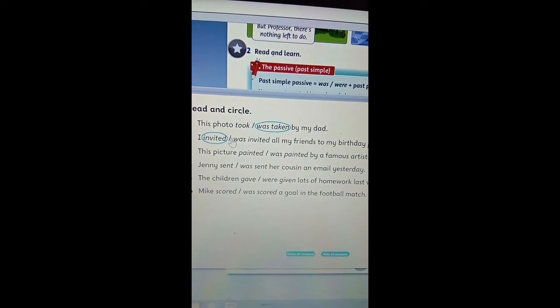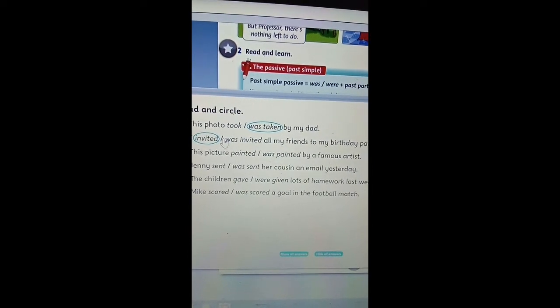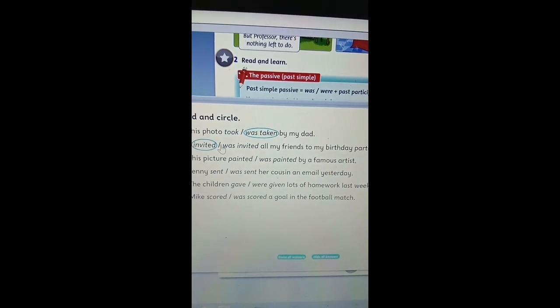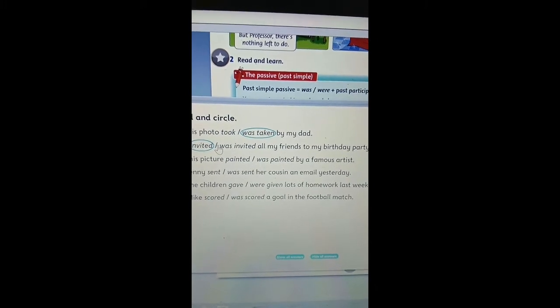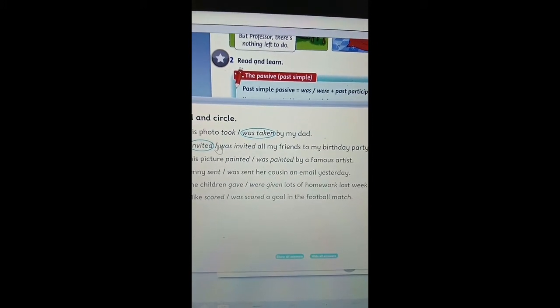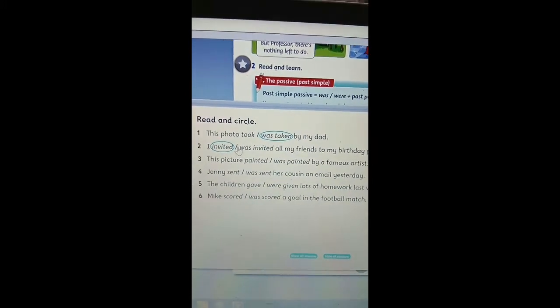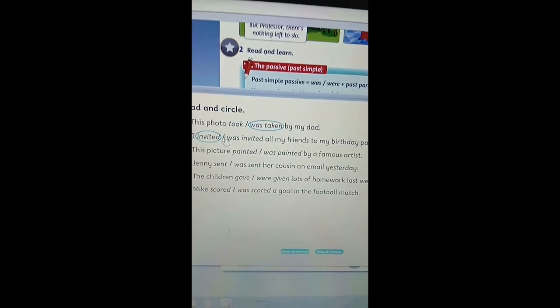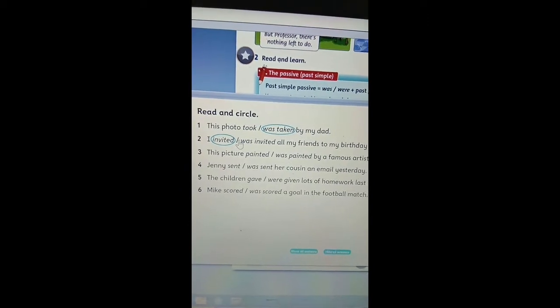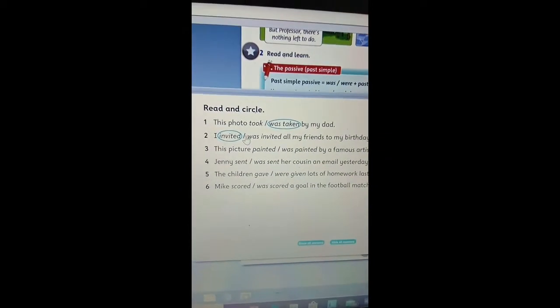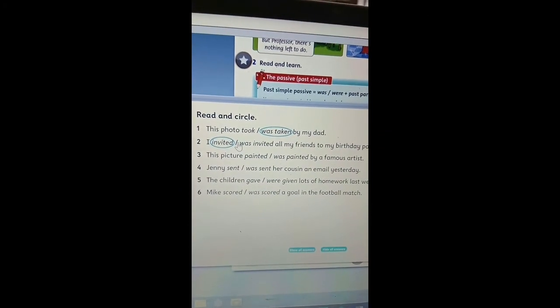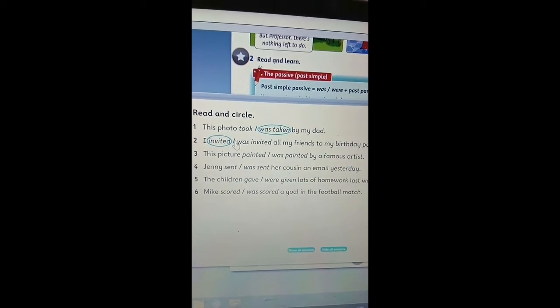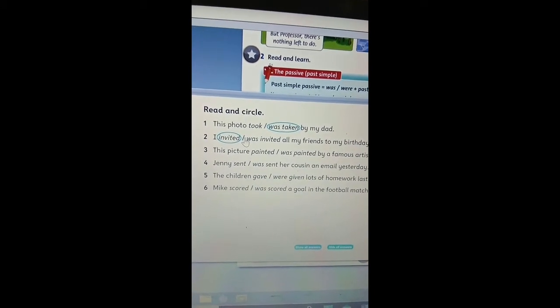So if I wanted to change that to passive, many friends were invited to my birthday party, obviously by me. But that sounds a little bit awkward, and so they use the active there. So sometimes it's not really sensible to use the passive unless there's a good reason.